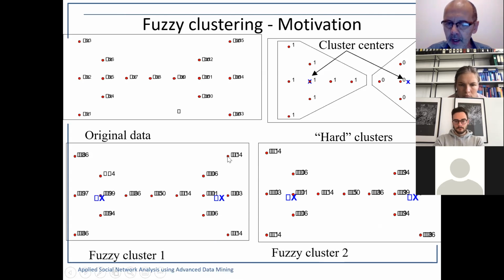Each point now has 2 degrees of membership. Each observation belongs to class 1 and to class 2 at the same time. Okay, so for example, this observation over here belongs mainly to class 1, which we have on the left side, with 86%, or I should say a membership degree of 0.86.